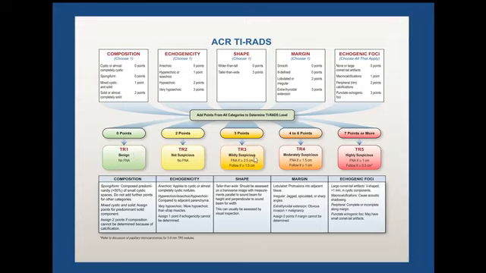And for TR3, 4, and 5, we have a size threshold, which later will determine for us which action we will take, either FNA or follow-up. And in the bottom, we have an explanatory note for each category.